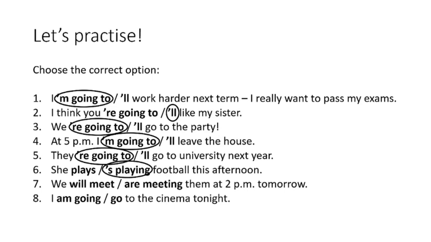This is also an arrangement. You talked to someone, you made a plan, you organized it. So we are meeting them at 2 p.m. tomorrow. And the last one, I am going or I go to the cinema tonight. That's right. This is my plan. I am going to the cinema tonight.